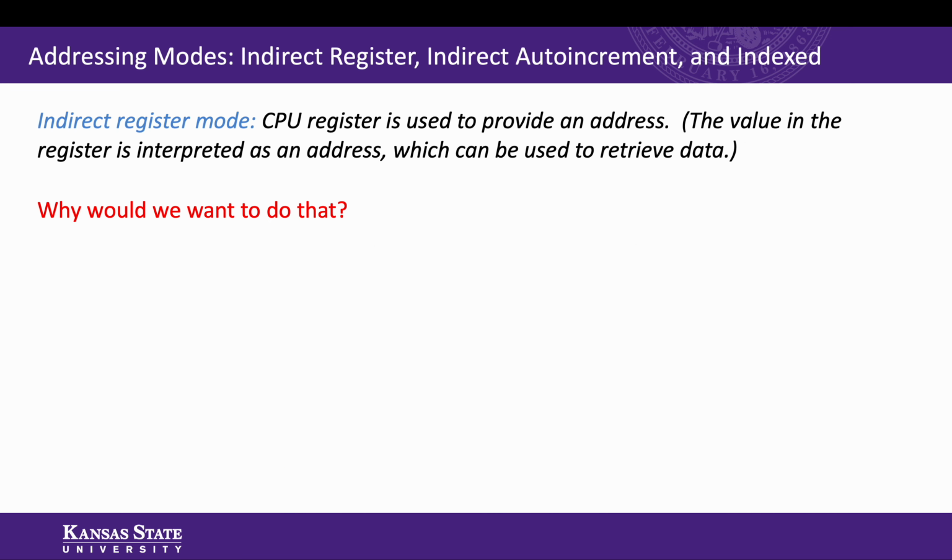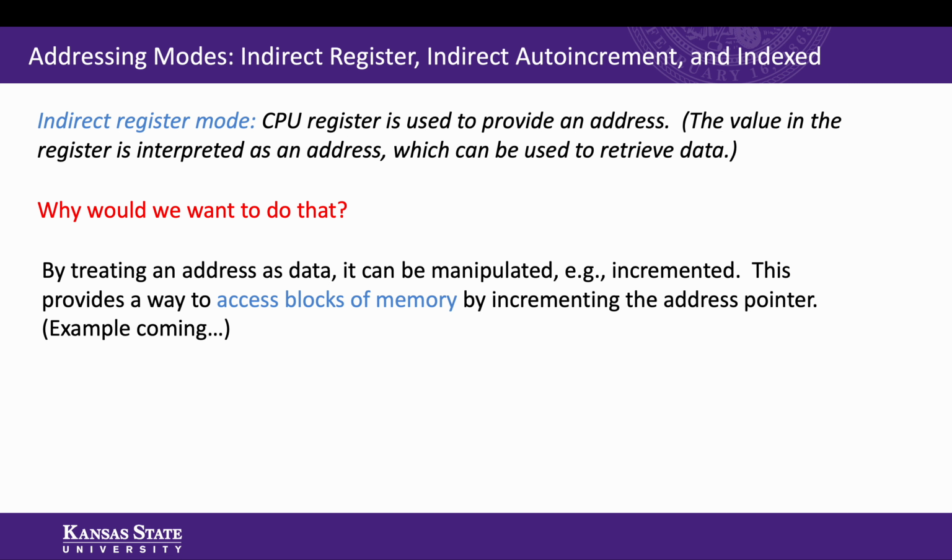All right, so we previously said that the value in the register is interpreted as an address, and then that address is what's going to be used to retrieve data. So it's kind of a roundabout way of getting the data, and we ask ourselves, well, why would we want to do that? And the answer is this.